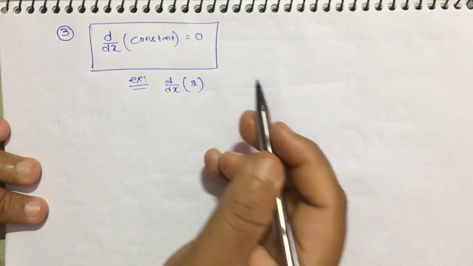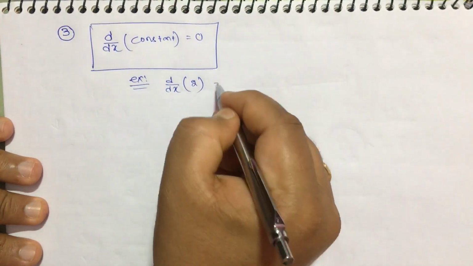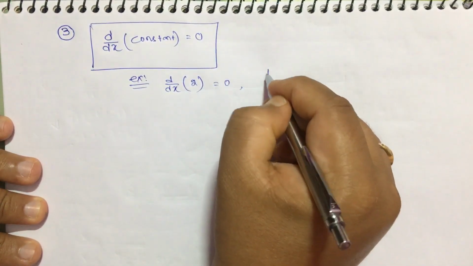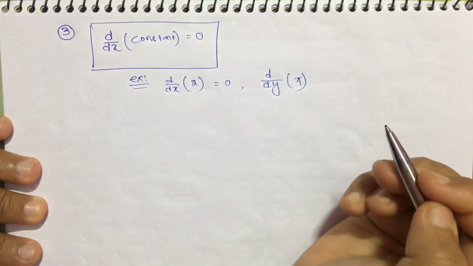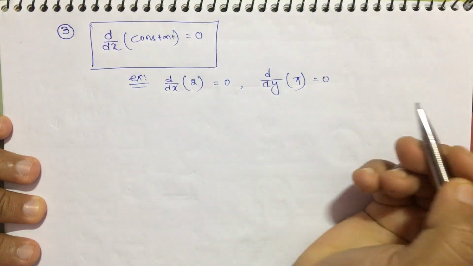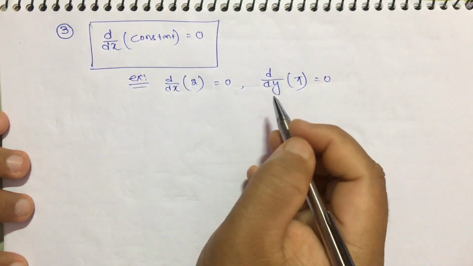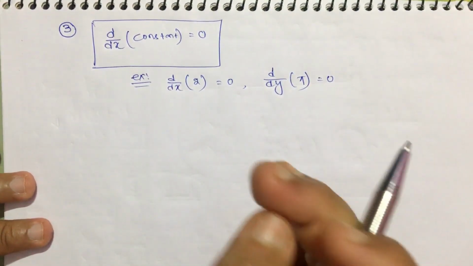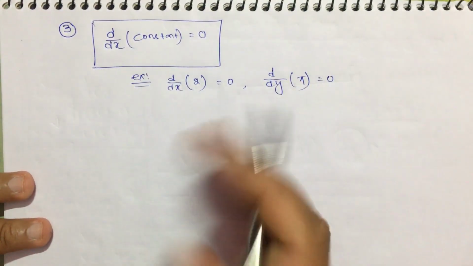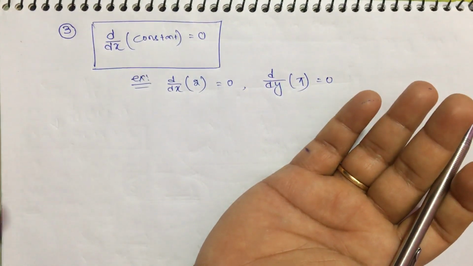There is no x term here, so it is a complete constant. So in this case it is going to be 0. Similarly, if someone asks d by dy of pi, it is again a constant, so it is going to be 0. So for any constant, if you take the derivative with respect to y, with respect to z, with respect to t, the answer is going to be 0.